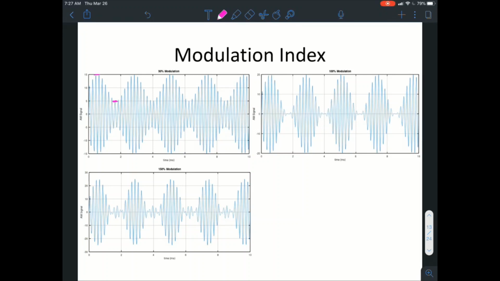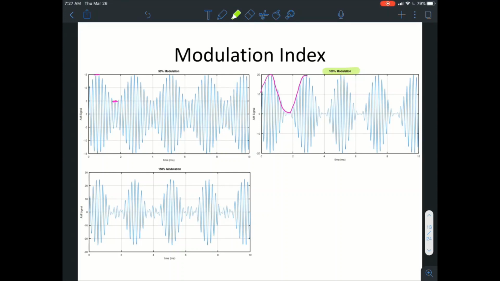If there's noise in the environment, that may make it hard for us to understand what's going on. Whereas with 100% modulation in this situation, we range from 20 all the way down to 0, which gives us a lot of range, and if there's noise in the environment, it's easier to extract that information appropriately. One of the things you're going to be shooting for is 100% modulation.